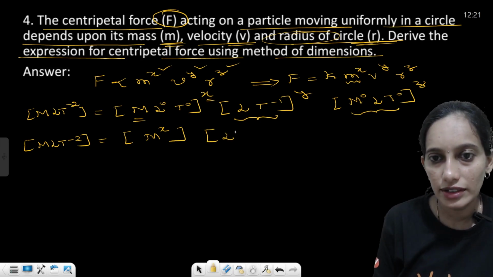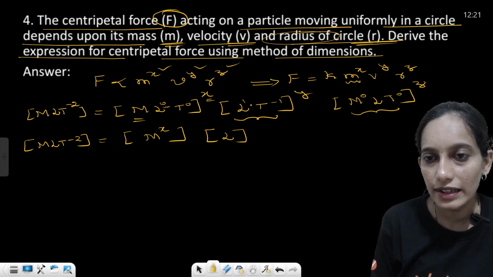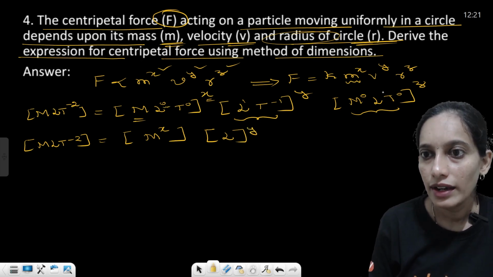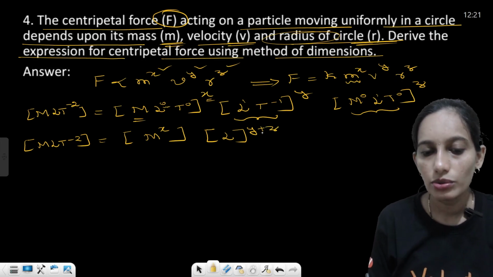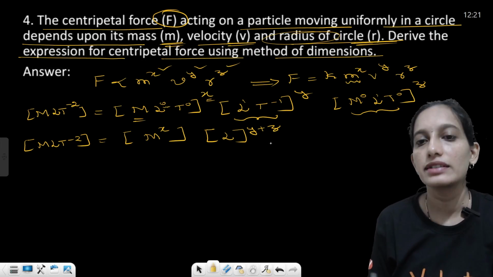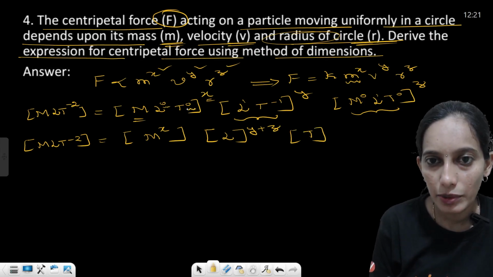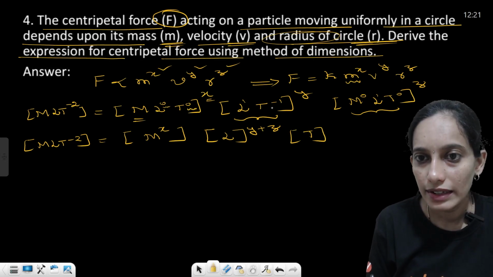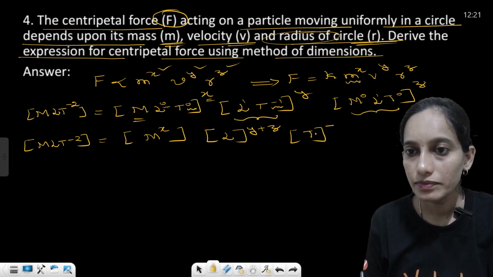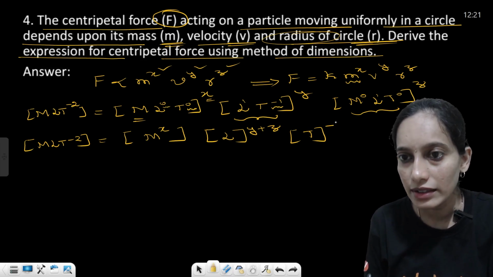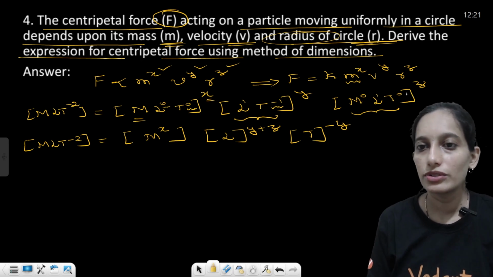Next, for the length term: here it is L raised to 1 into y, which gives y, and here L raised to 1 into z, which gives z. So we get L raised to y plus z. Similarly for the time term: here T power 0, so that term will not come. Here T power minus 1 into y gives minus y, and T power 0 into z will not come.